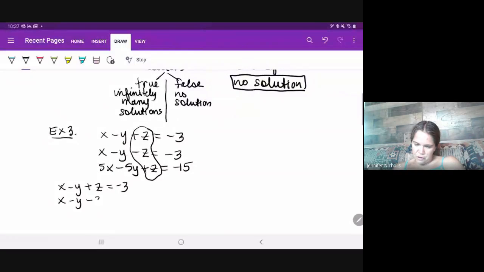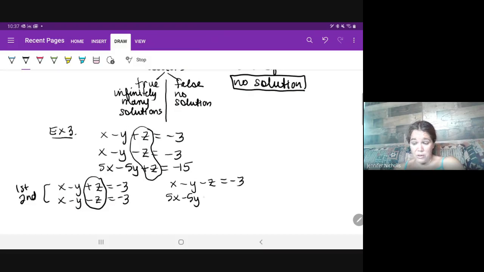If I do first and second, this is first and second. I'm kind of liking the z's. And then why don't I do the first and the last? Now you don't have to. You guys, you can get rid of the x's. Okay, I'm liking the z's.